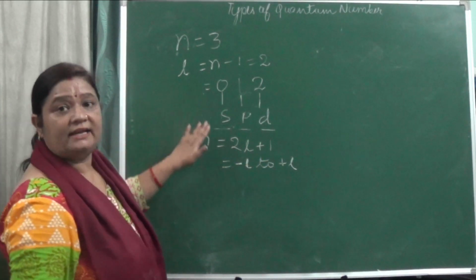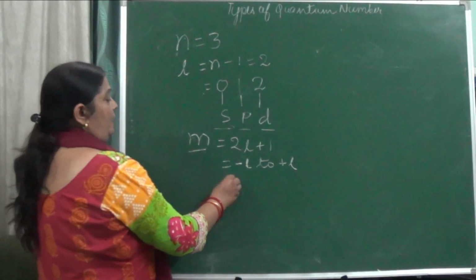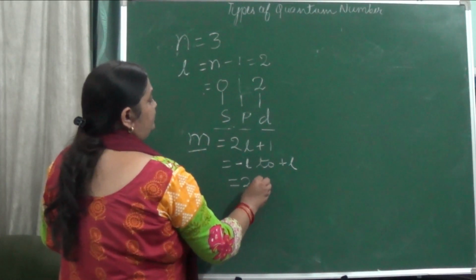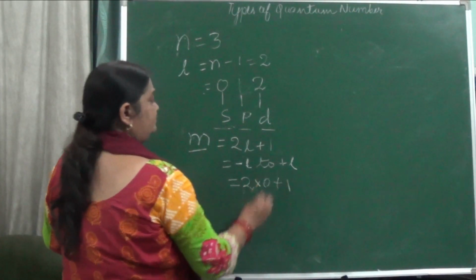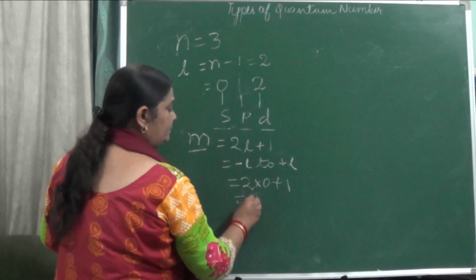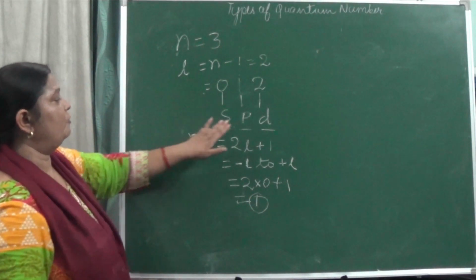First taking s, when we put it in the formula, it becomes only one orbital.